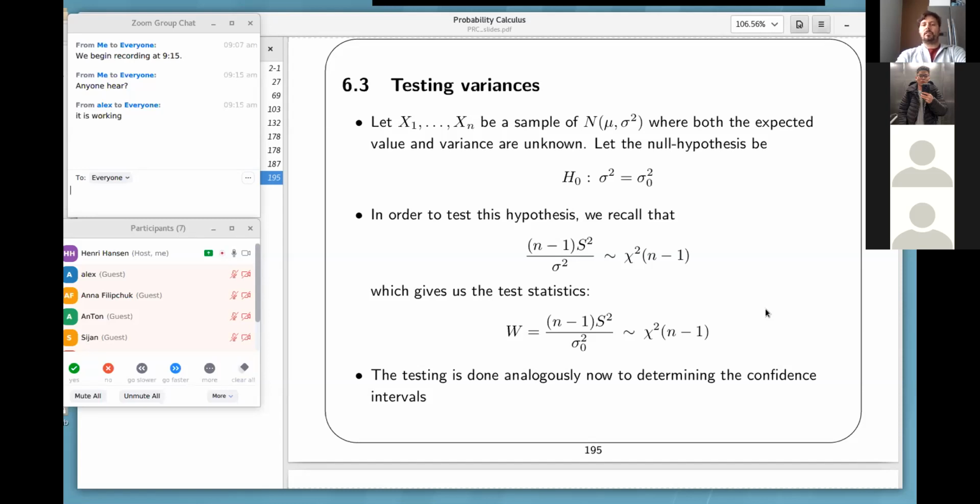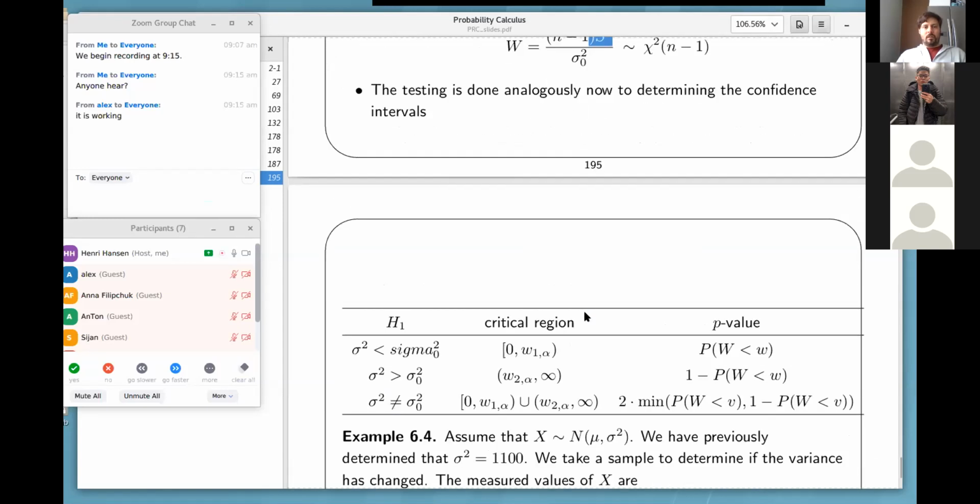We can do this exactly the same way as determining the confidence interval. Remember the confidence interval? We calculated the same statistic and solved for sigma. Sigma was at the center, and from the empirical value we got the limits of the confidence interval. This is just the same thing, except now we are trying to determine whether the result is in the critical region.